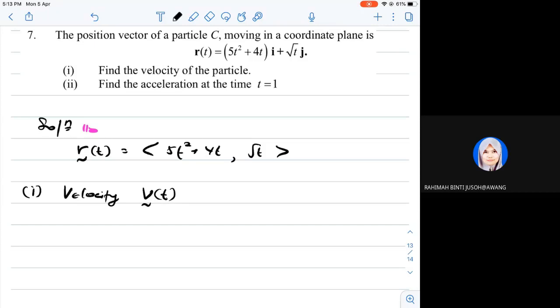Alright, so question number 1, velocity vector. V(t) is equivalent to R prime(t). You have to differentiate your R. Okay, so now differentiate R ni. 5t squared, differentiate dapat 10t, plus 4t dapat 4 lah. Ni differentiate t to the power of half ni.